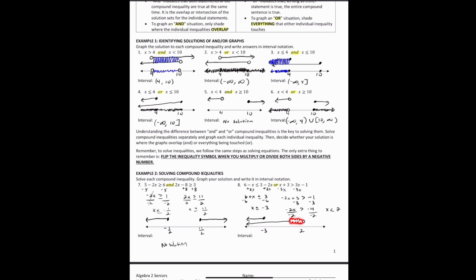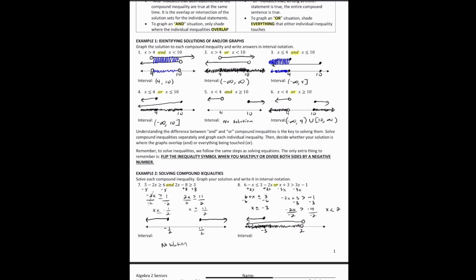So going back to this, we're going towards negative infinity. So all of these x values are going to be included on the graph as I write my interval. All right, so here we go. We have negative 3, it's a closed dot, and we're going to be shading to the left, and then at 2, it's an open dot, and we're going to be shading to the left, and remember, it's going to go to negative infinity as well.